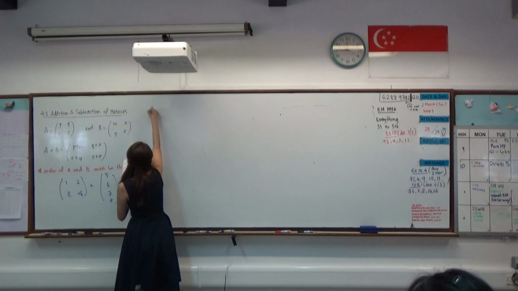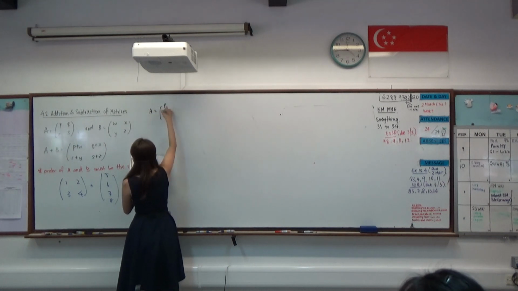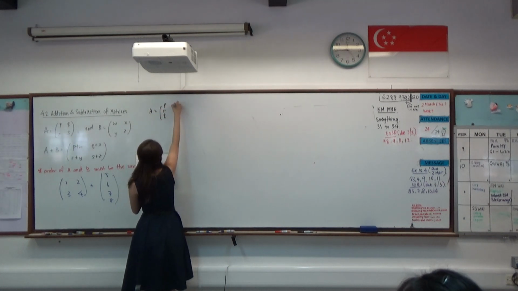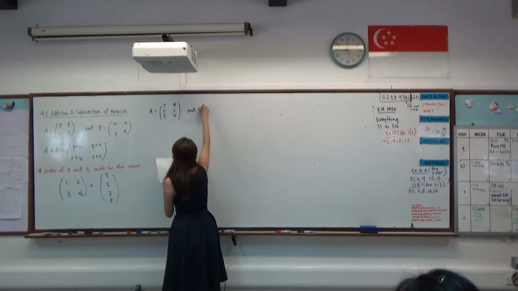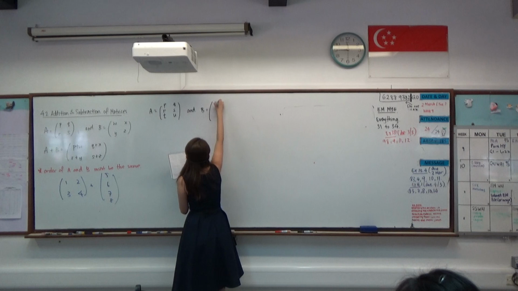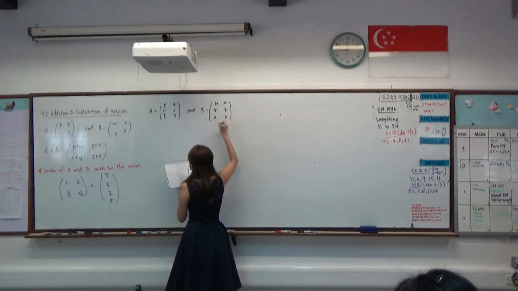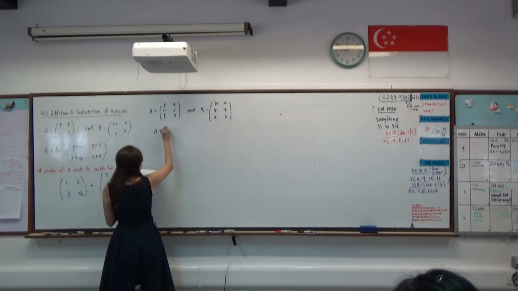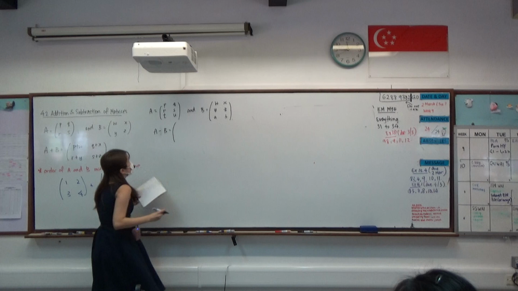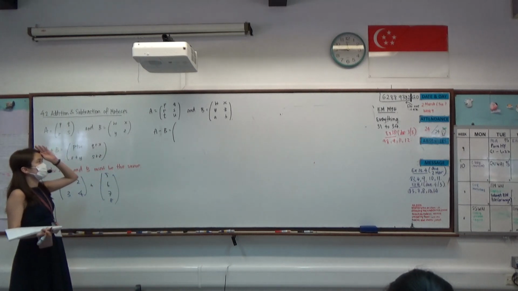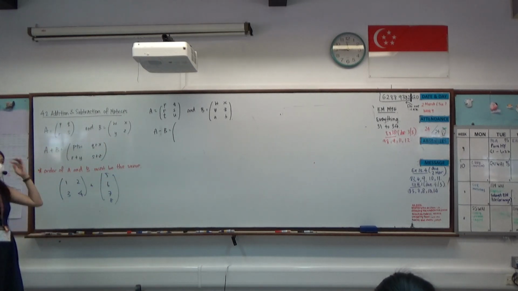Likewise, when it comes to subtracting of your matrices, the same concept applies. So if I were to give a slightly different matrix A, P, Q, R, S, T, U, and B, W, X, Y, Z, A, B. I'm giving you over here a 3 by 2 matrix.